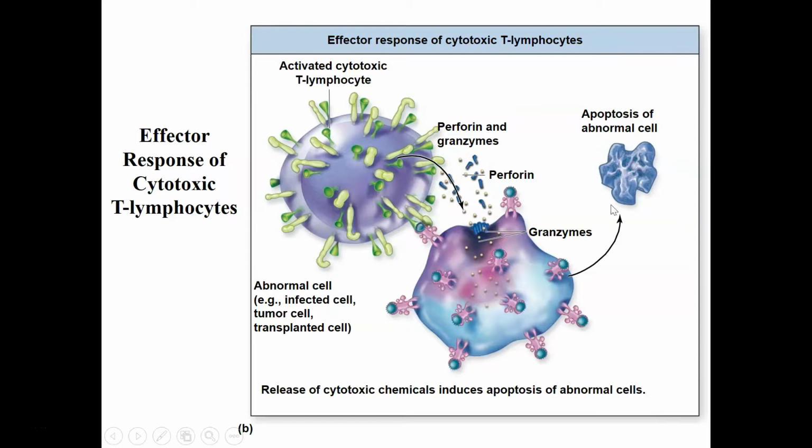That is, they have a non-specific type of recognition of abnormal cells, whereas cytotoxic T cells specifically recognize, through binding of an antigen receptor, a foreign antigen. So even though the mechanism of action is the same, the way they recognize abnormal cells is slightly different. Specific for cytotoxic T cells, meaning specific antigen recognition.